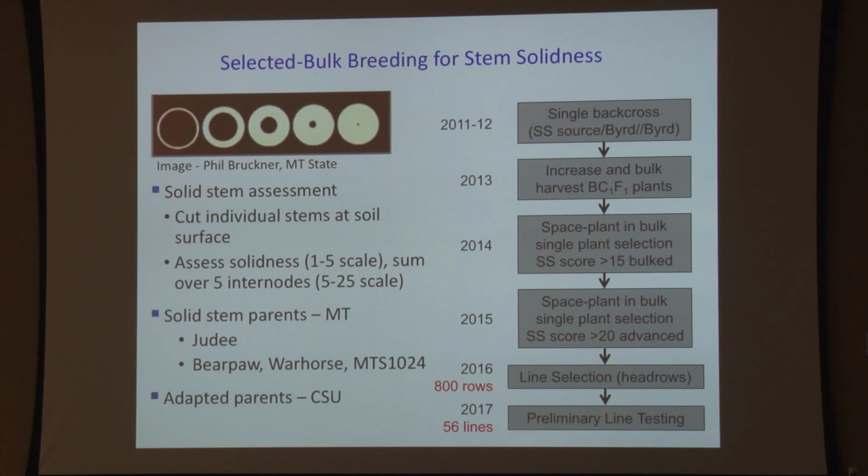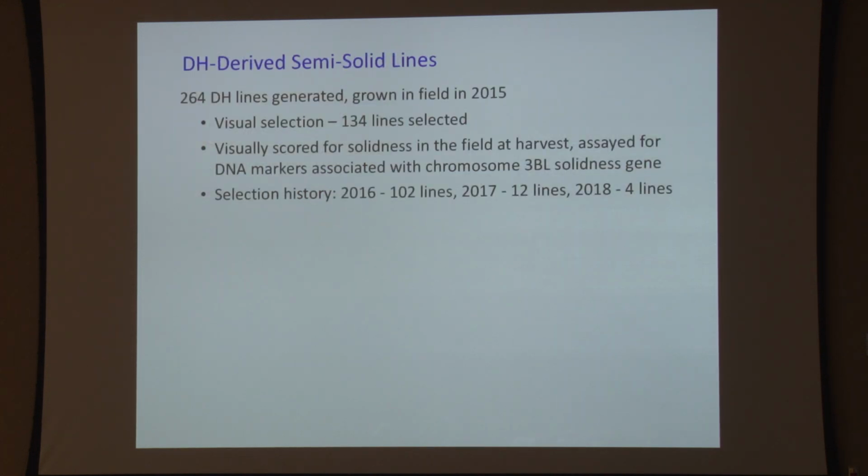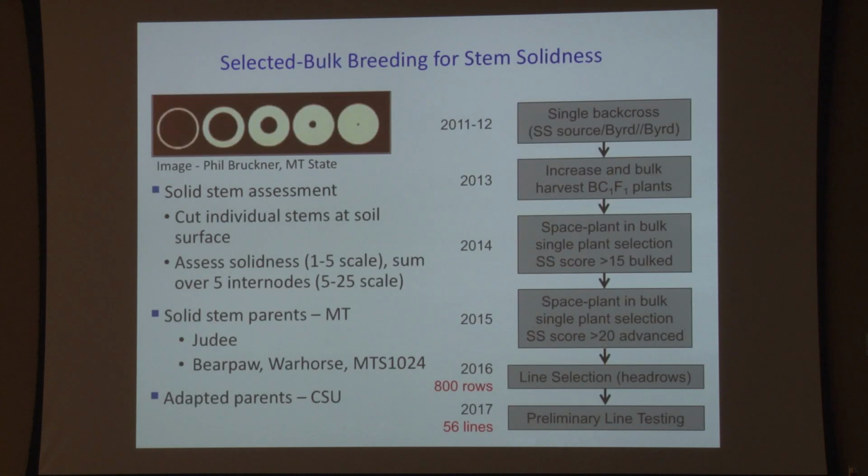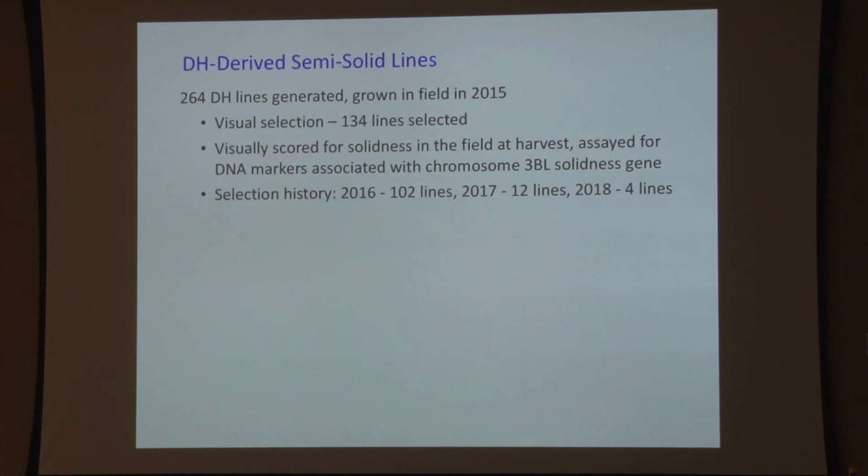So in that third box, you can see he advanced everything that had a composite score of 15 or greater. On the next cycle, he wanted to see things that were at least 20. And then line selection, preliminary line testing, and finally released.